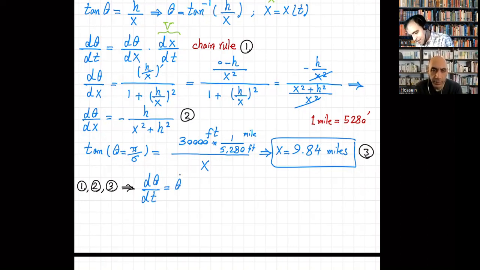That is the dot notation, when you take the derivative with respect to time. So it's going to be this one, because we have it here: negative h.